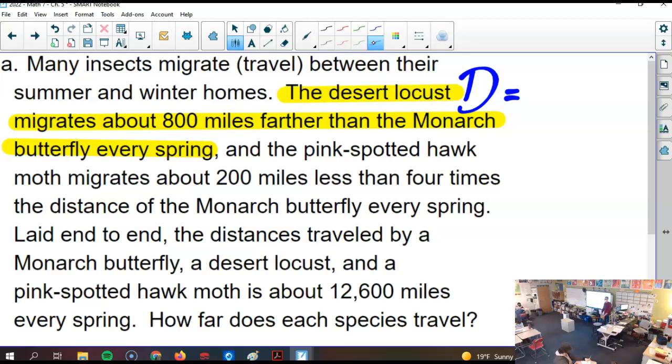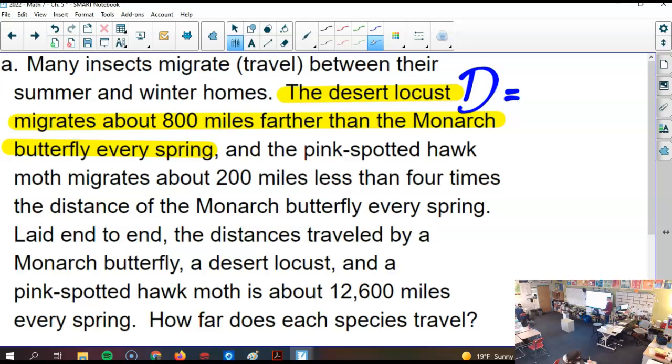What did they tell us about the desert locust? What could we write after our D equals? Not just 800 miles, but 800 miles. What's it say after? Farther than who? The monarch butterfly.